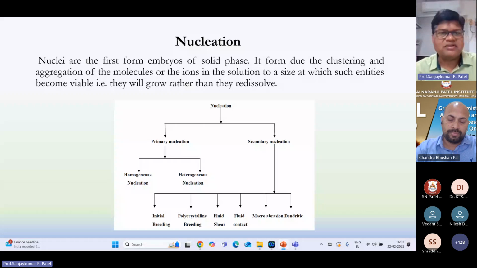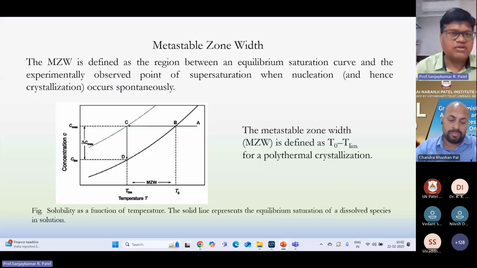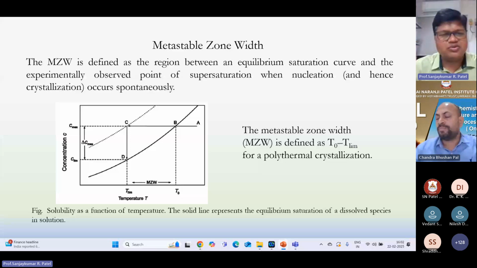Another definition that we need to understand here is metastable zone width. So here I'll try to give you a little bit of an idea on this. We have here two curves: a solid line and a dashed, dotted line on this curve of the concentration versus the temperature.